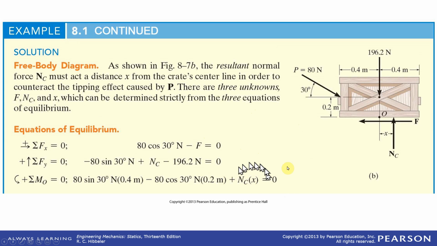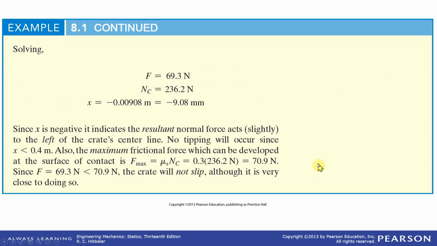And there's the moment equation too, which I think would be redundant, would it not? So NC is this, F is this. Is this less than mu S NC? Well, here's mu S NC right down here, and it is. So it won't slip.